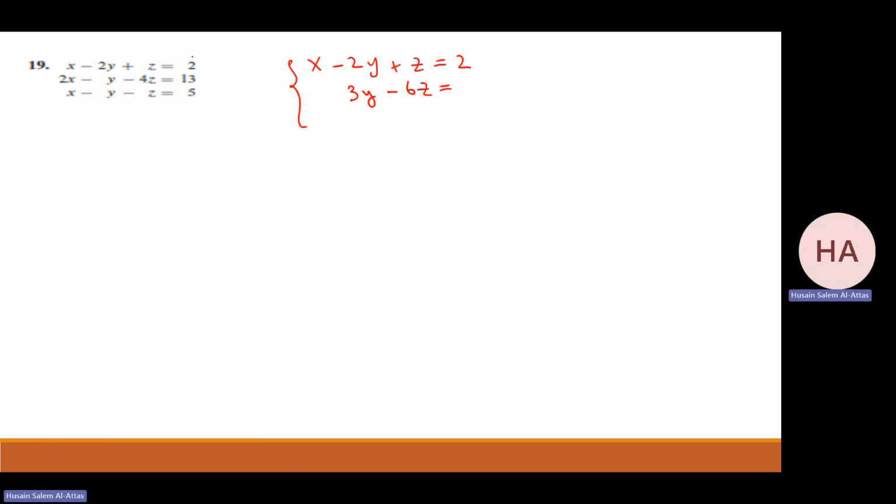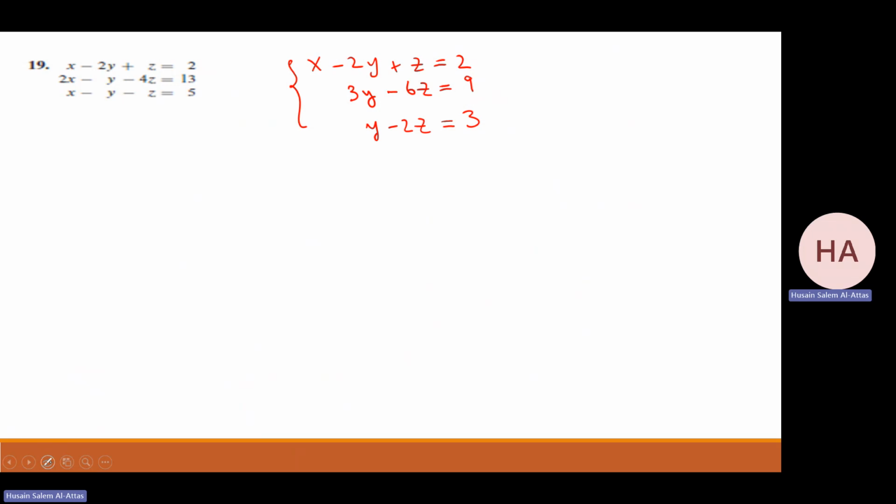By minus 2 and add, that will be 9. Now, by minus 1 and add, that will be 0. By minus 1 and add, that will be y. By minus 1 and add, minus 2z. By minus 1 and add, that will be 3.